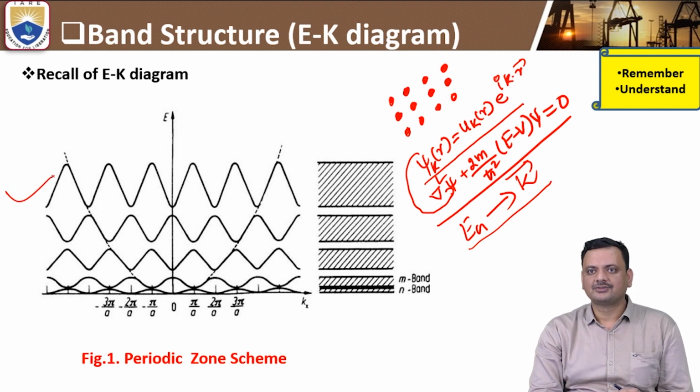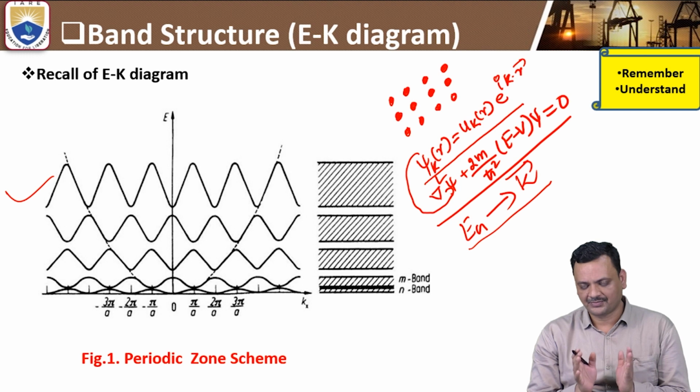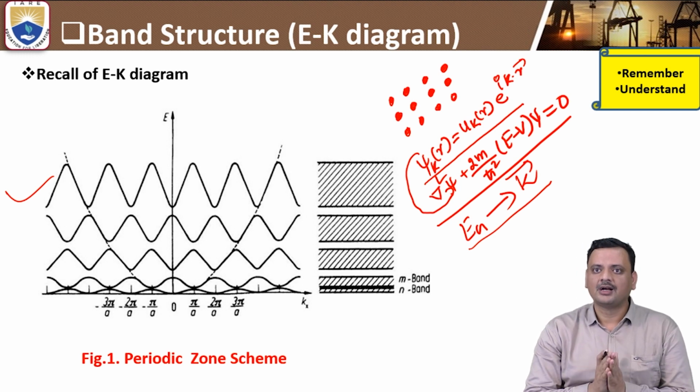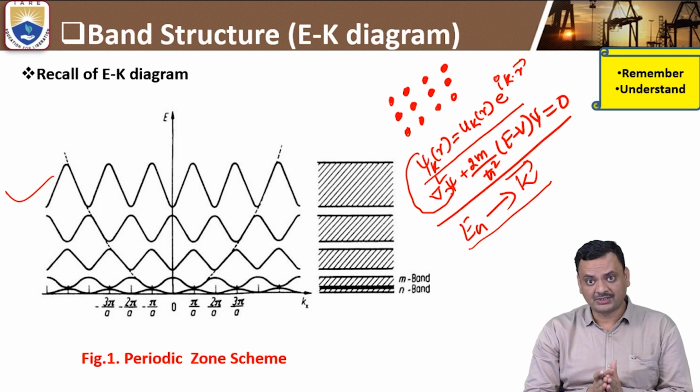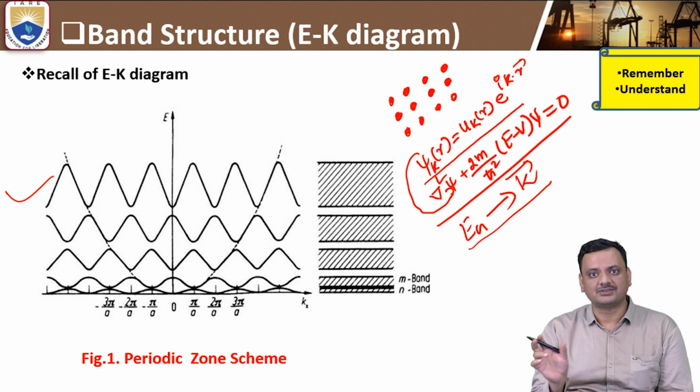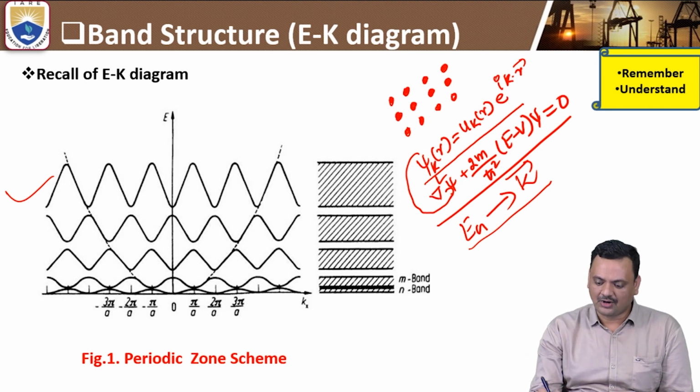So what is this? This is your allowed energy eigenstates for n atoms arranged in a one dimensional periodic arrangement.